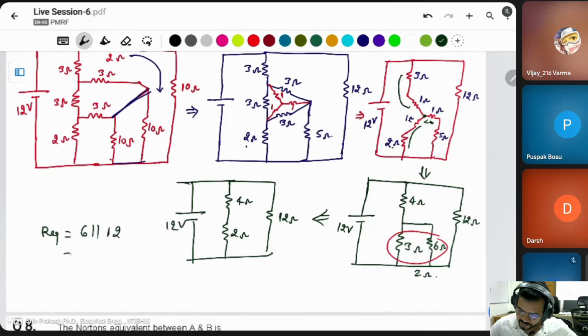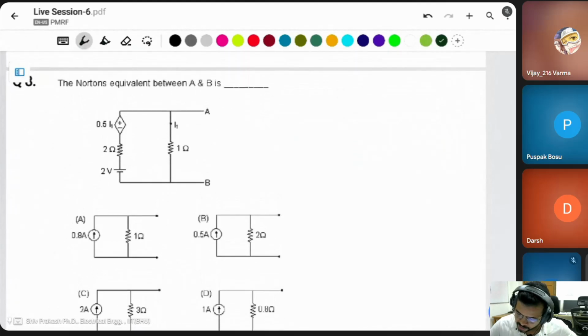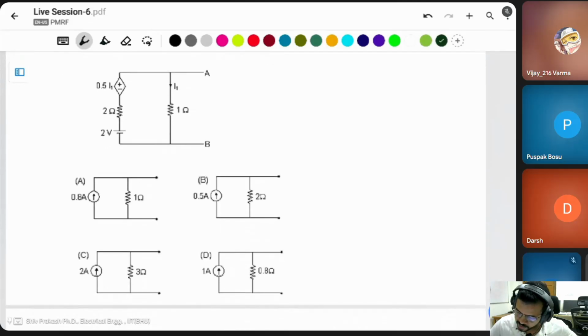Then our circuit looks like this. The delta will be gone because of the star. The circuit looks like this: this is 12 volt, 3 ohm, this is 3 ohm, this is 1 ohm, 1 ohm, and 1 ohm, this is 5 ohm, this is 12 ohm.